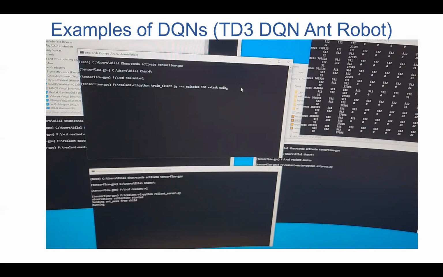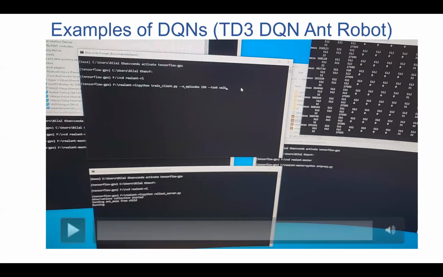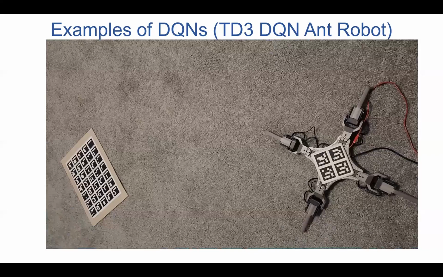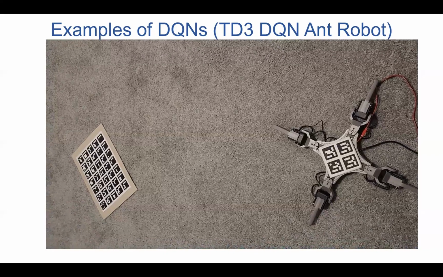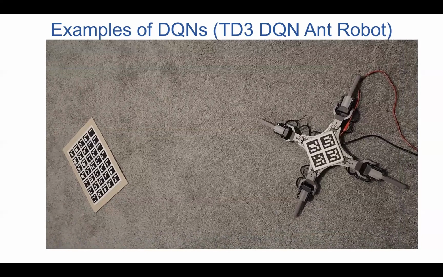So what happened was with the ant robot, I'll just play it. There are several windows that I had open. I have a robot on one end, and I have the AR tags. With this ant robot, you have to basically calibrate the camera. So you have a webcam that is looking at these AR tags. You first have to calibrate and let the camera know to always find these AR tags within the image.